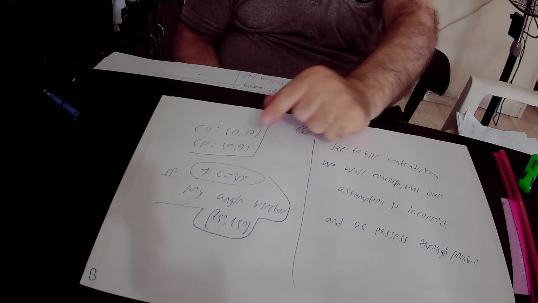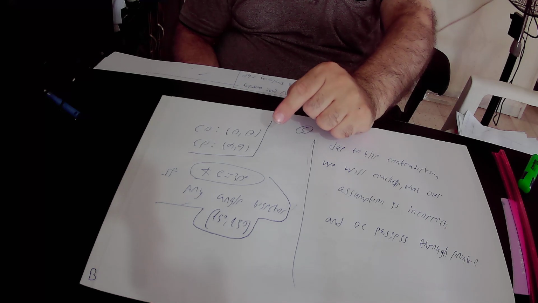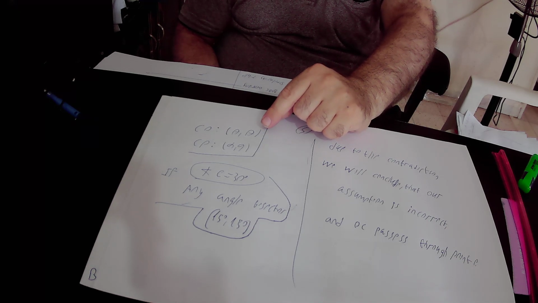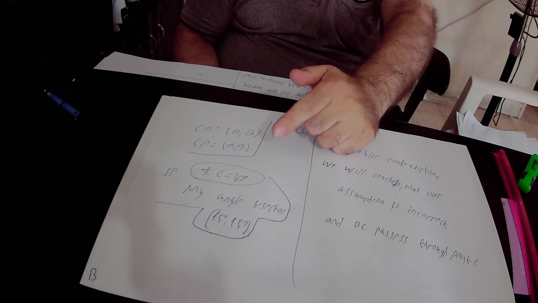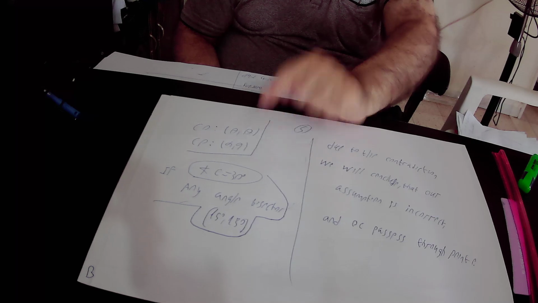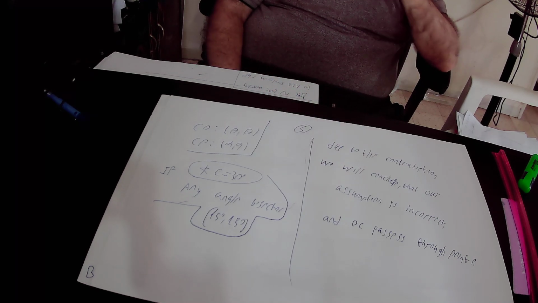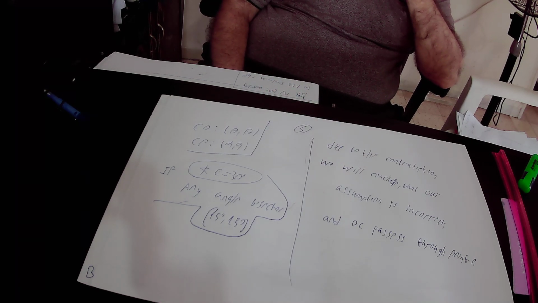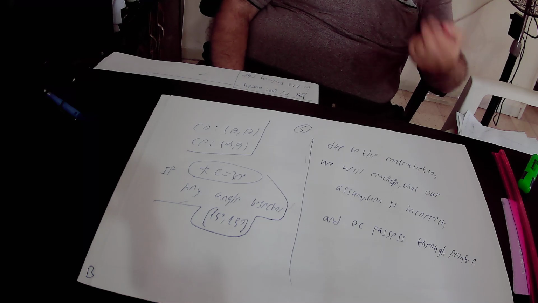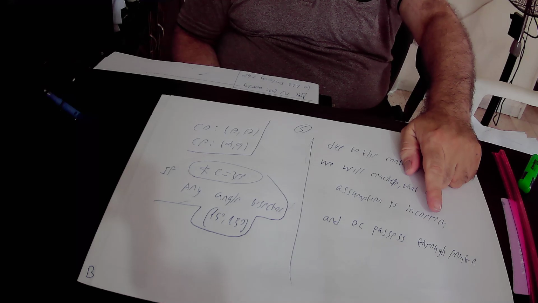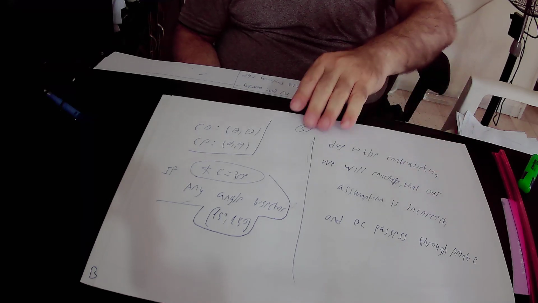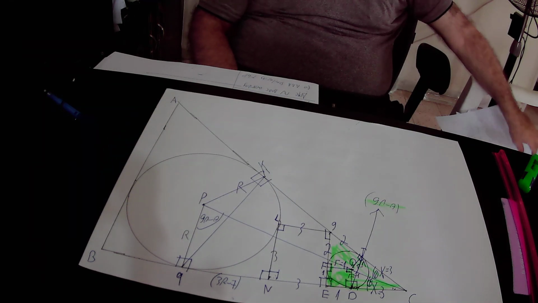But here we found two different halves for angle C. That is impossible. So due to the contradiction, we conclude that our assumption is incorrect, and if our assumption is incorrect, we must conclude that CO indeed passes through point P. Okay, CO passes through point P.